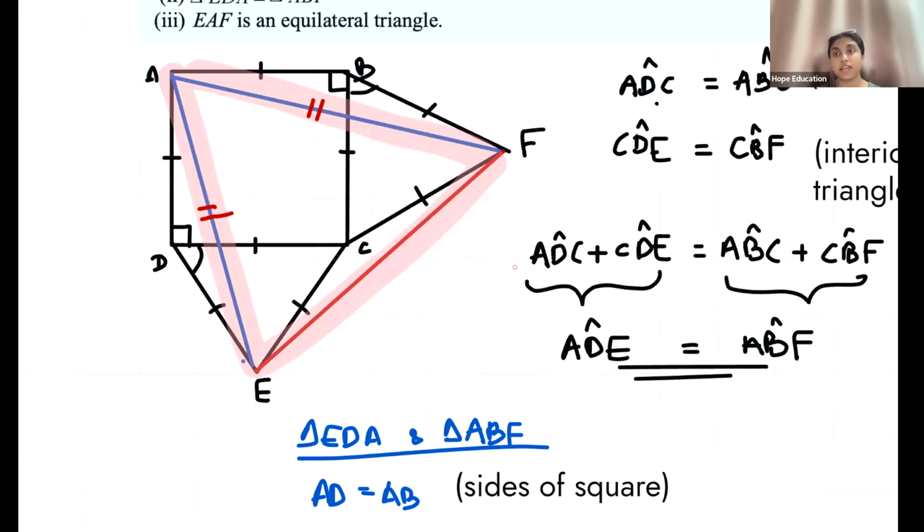Good. Very good. That's why. Because we already proved that this triangle EDA and that triangle ABF are congruent, we can say that corresponding sides of congruent triangles are equal. Therefore, AE and AF are equal.